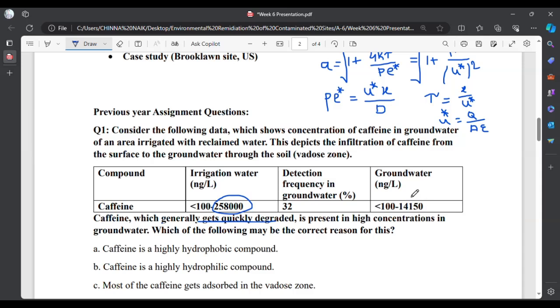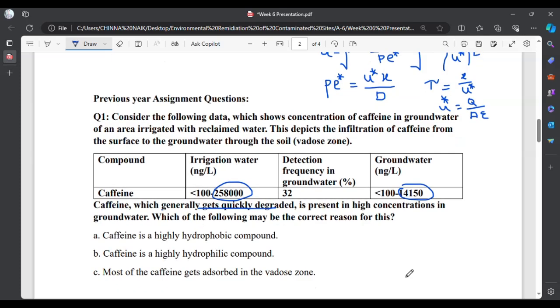But in the groundwater a good amount of caffeine has leached, around 14,000. So what could be the reason for the caffeine compound to leach from the irrigation water to the groundwater by passing through the soil strata?